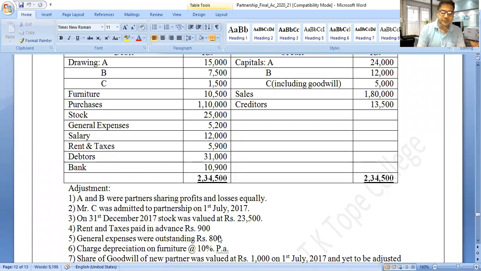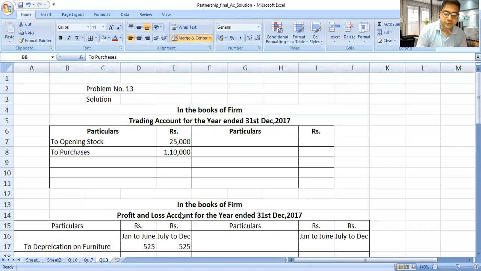Outstanding we have to add. So 5,200 plus 800, how much will come? 6,000.